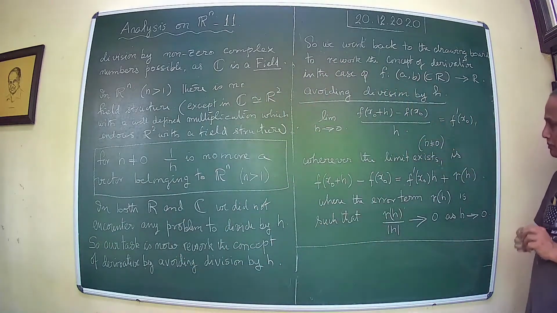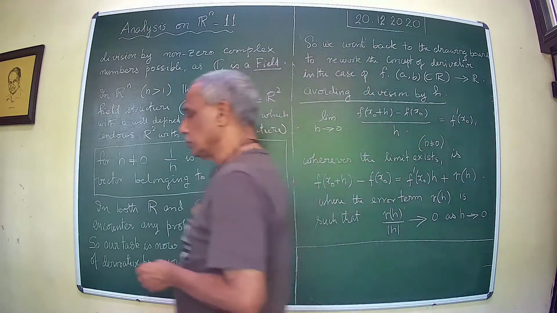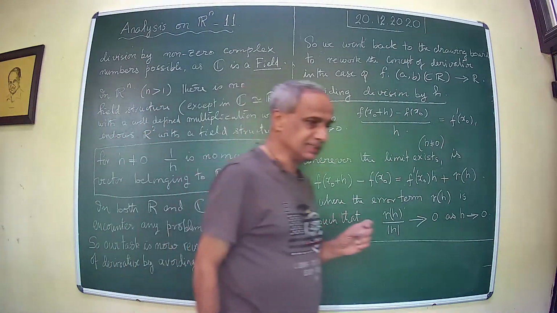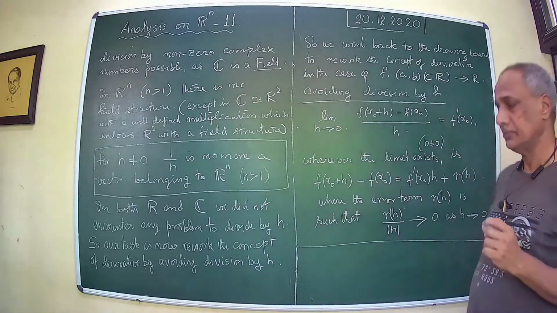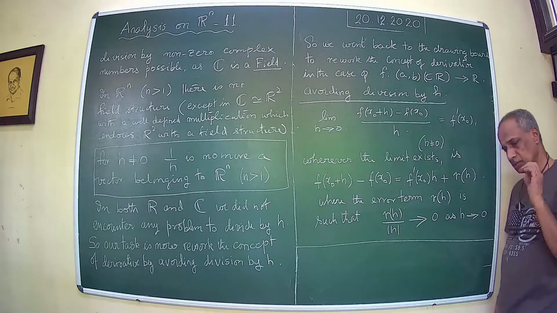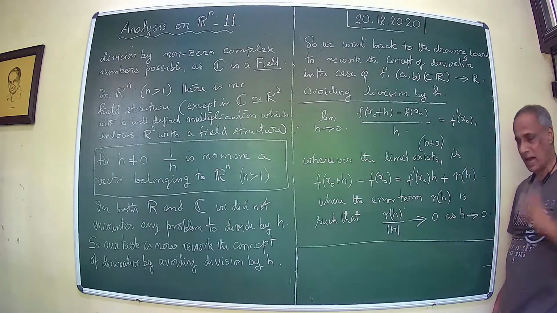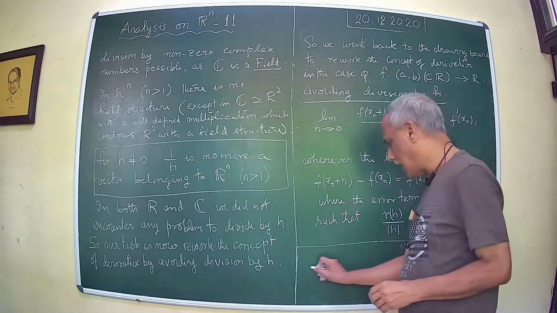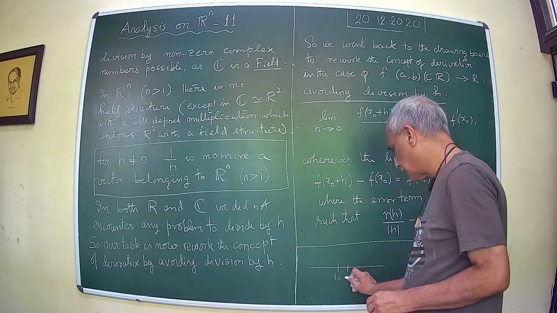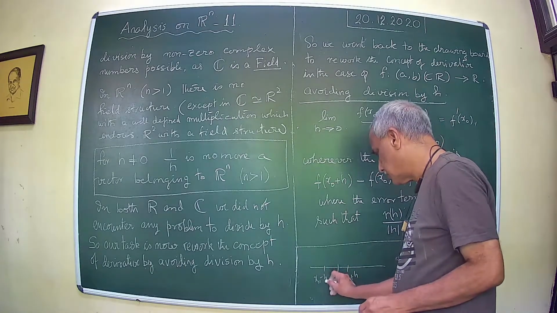Okay, so I want to make also one more comment about the complex case. You would have noted that in the complex case, the condition that h goes to 0 is much stronger than the condition that h goes to 0 in R. What happens in R? This is the point x naught, then x naught plus h is either here or here.